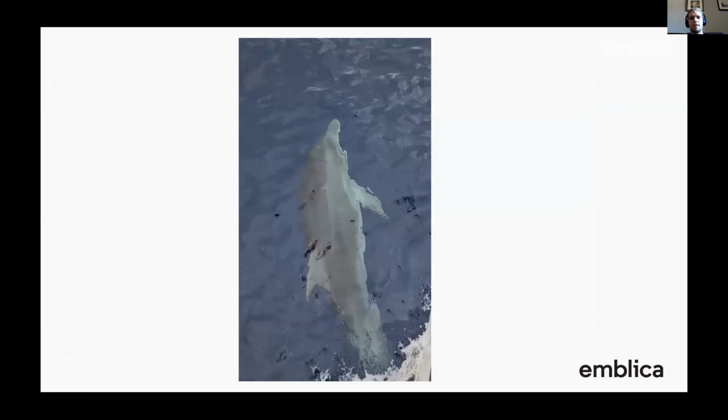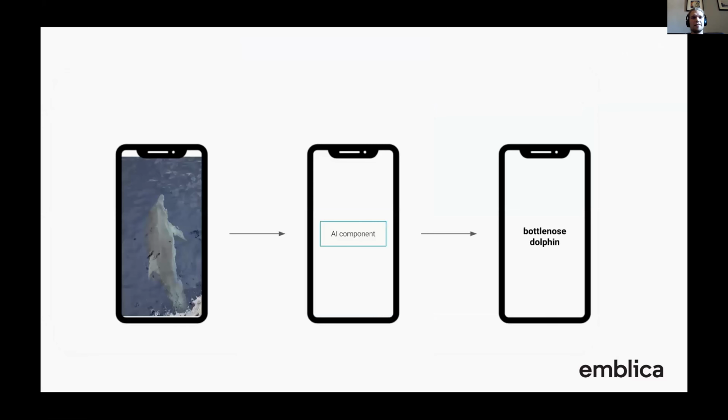In the next slide, it would be something like this. I have a picture of that dolphin. I can identify it myself as a dolphin, but what kind of dolphin? Then we have some sort of AI component, which gives us the classification, in this case correctly, of what kind of dolphin that is.